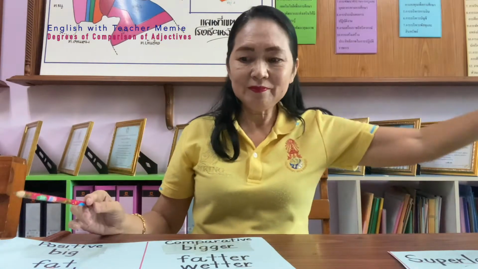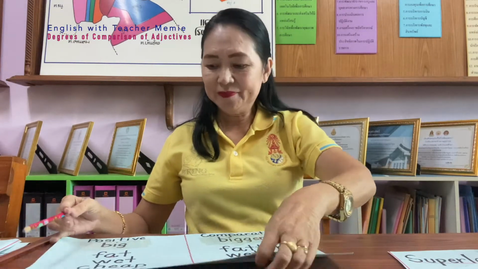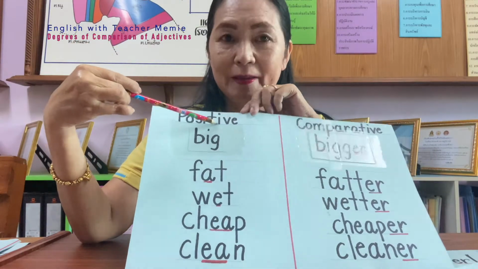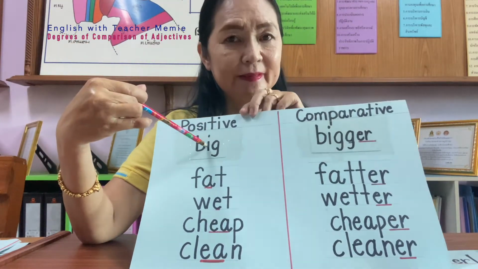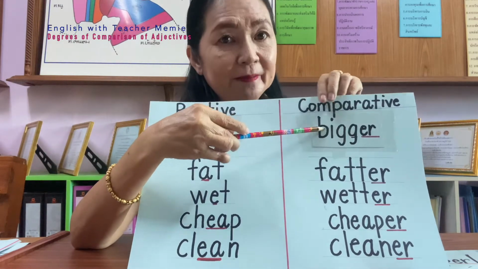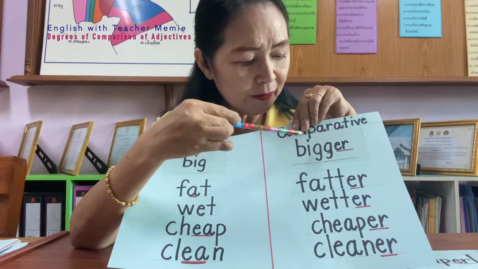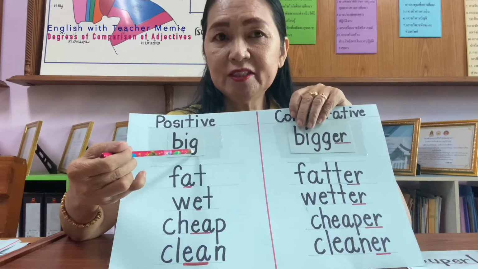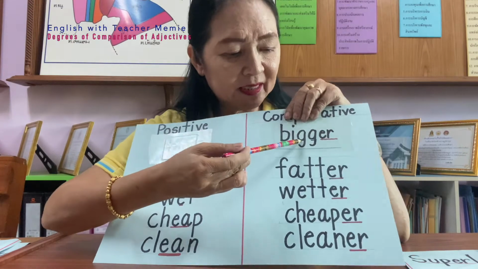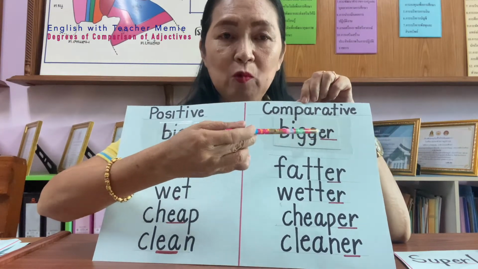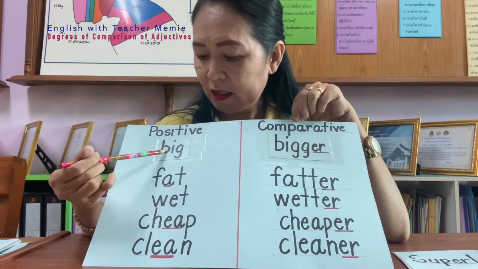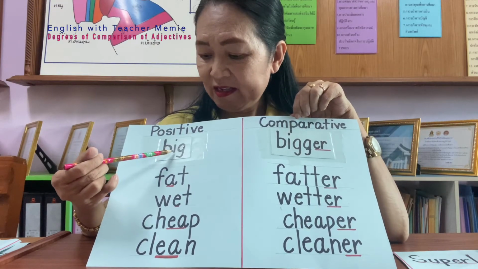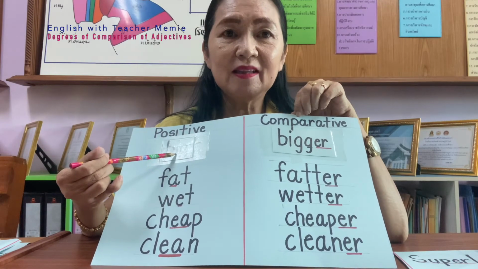In positive, big. In comparative, bigger. Have you noticed that the letter G is repeated in comparative? Why? Because before the letter G is a vowel letter.